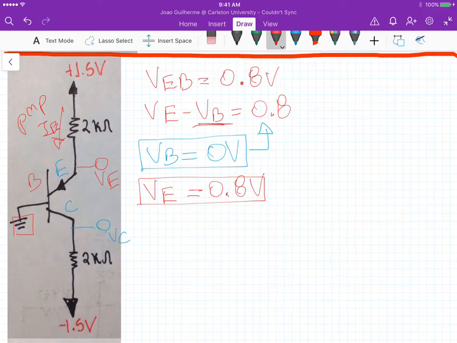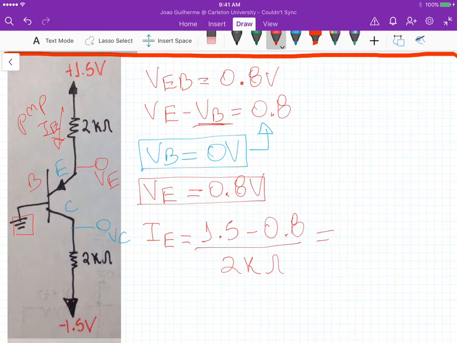And that current IE is equal to 1.5 minus the voltage at the emitter, 0.8, divided by 2K. And that's 350 microamps. So that's a third quantity.